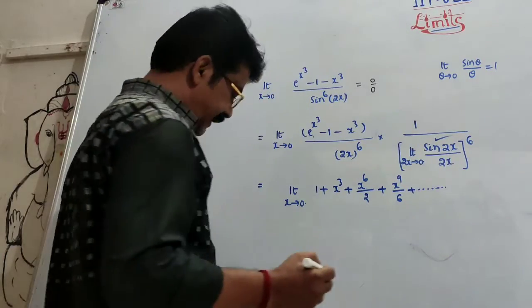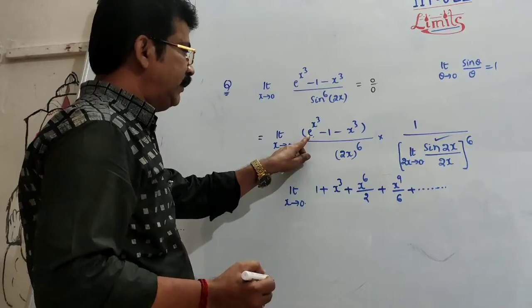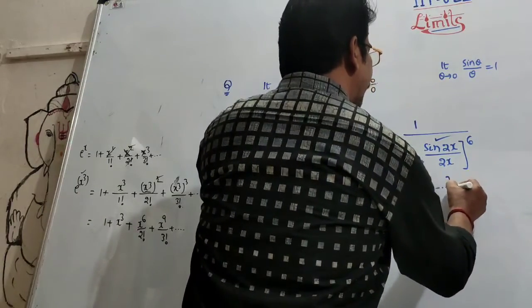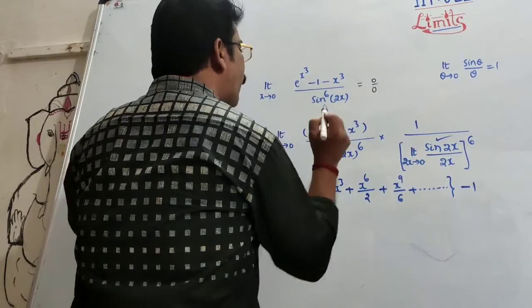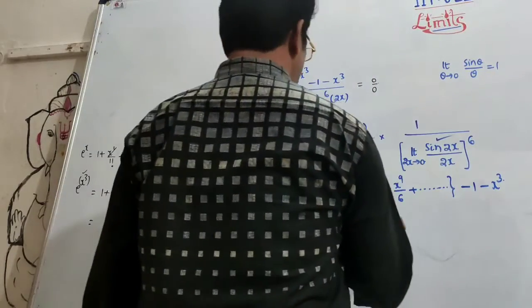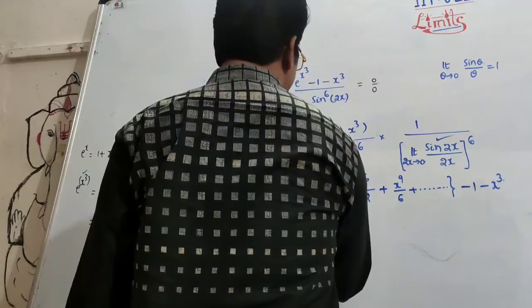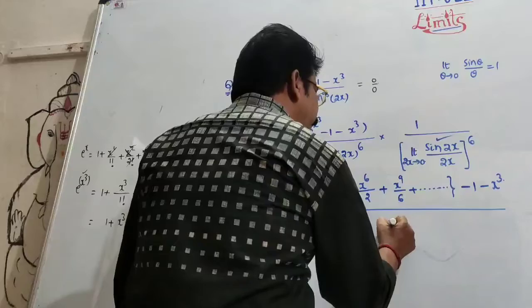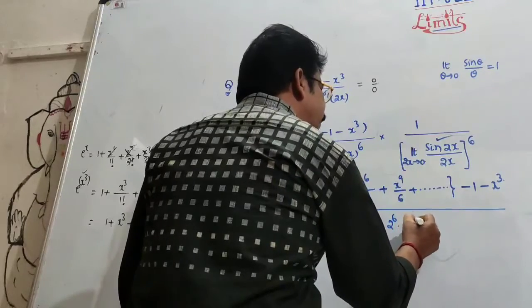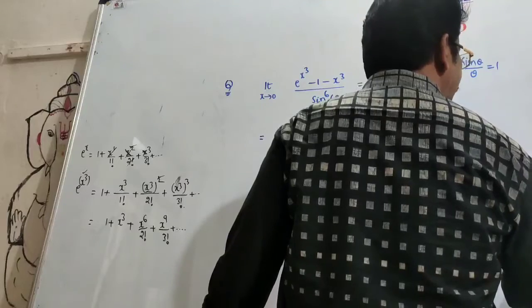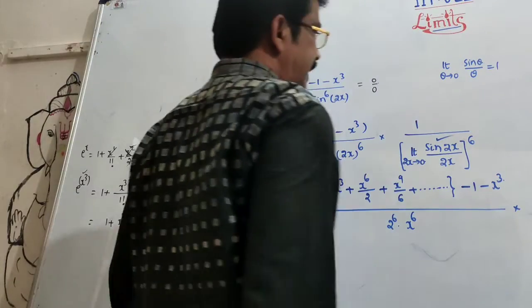It is an infinite series. Next, minus 1, next minus x cubed, whole divided by 2 power 6 into x power 6 into 1 divided by 1 power 6.